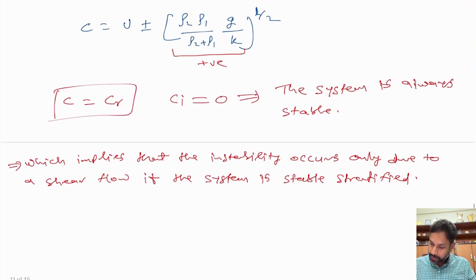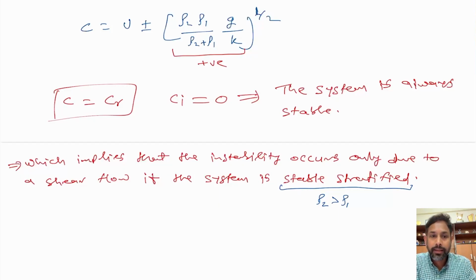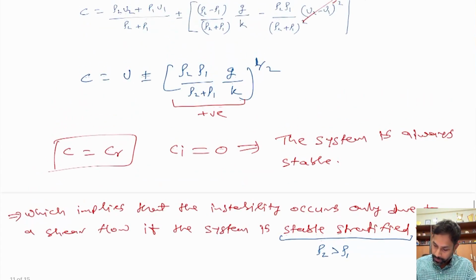Okay, what that actually means is that your rho 2 is greater than rho 1. That means your heavier fluid is under the lighter fluid, right? So that is in equilibrium, and in this case the system will always be stable if there is no shear flow, or in other words, only shear flow can bring instability to the system. Okay.